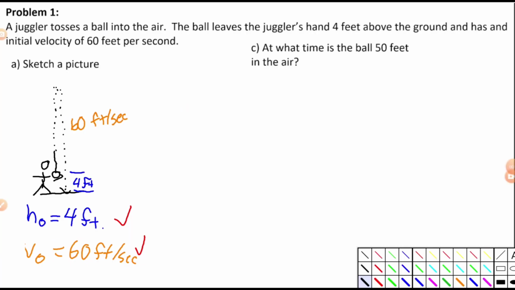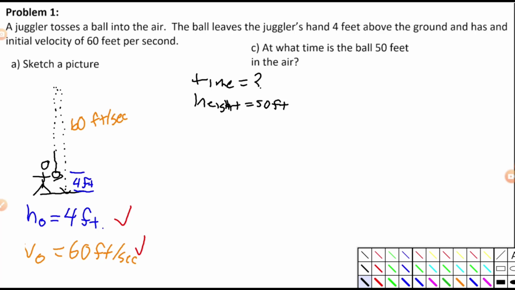Okay, part C. Let's go over this one. Let's see if we can figure this out. At what time is the ball 50 feet in the air? So what we're looking for right now is we want to know what is the time when the ball is in the air, so it has a height of 50 feet.